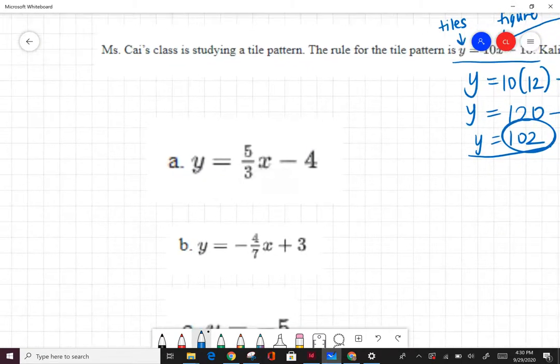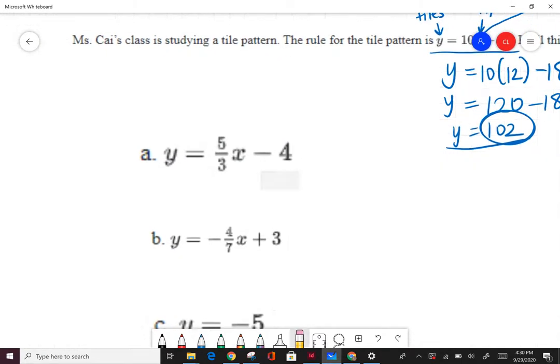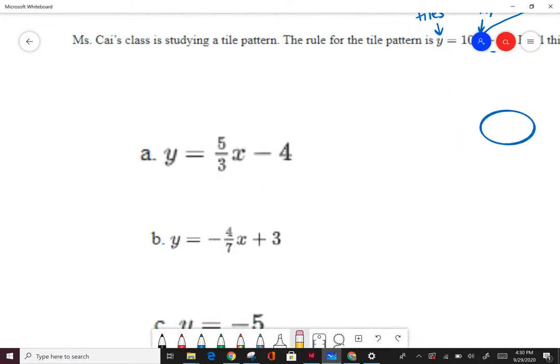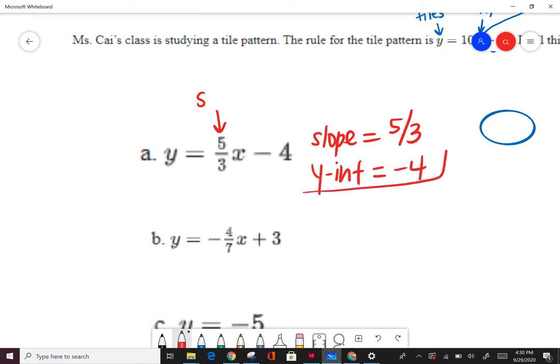Okay, and this one is asking for the slope and the y-intercept. Okay, so the slope is 5/3. I'm going to go ahead and write slope is 5/3. And the y-intercept is -4. Okay, next one, our slope.